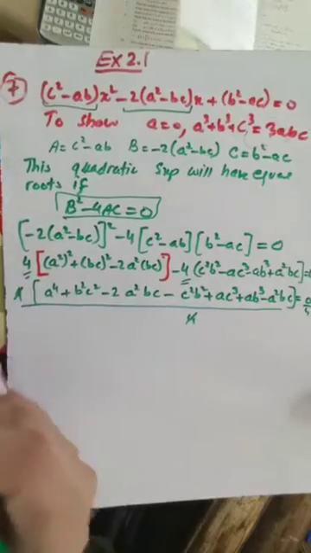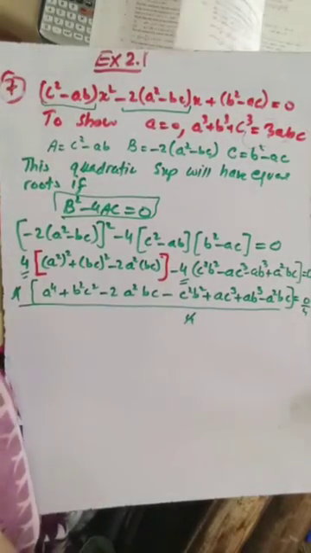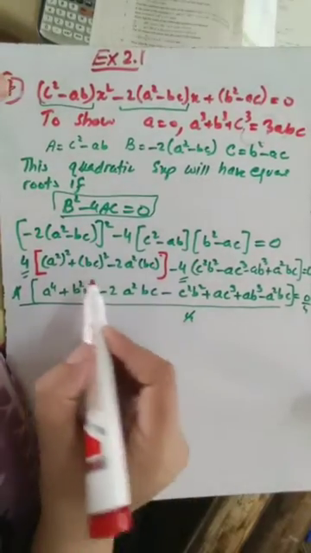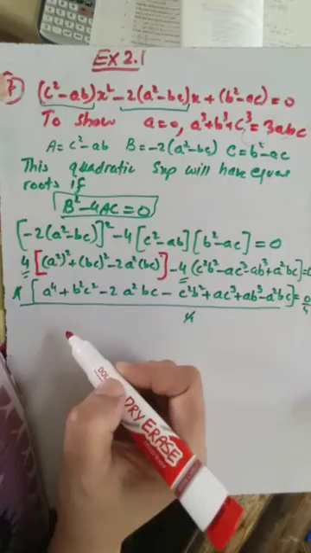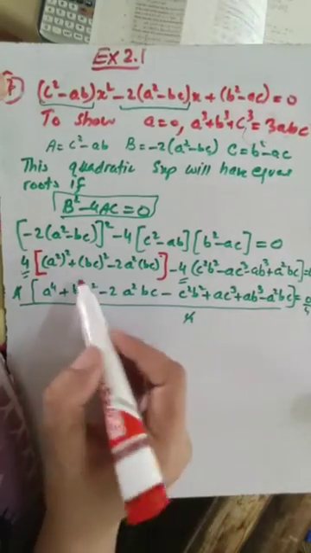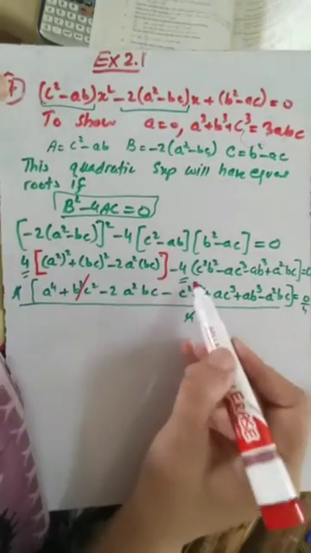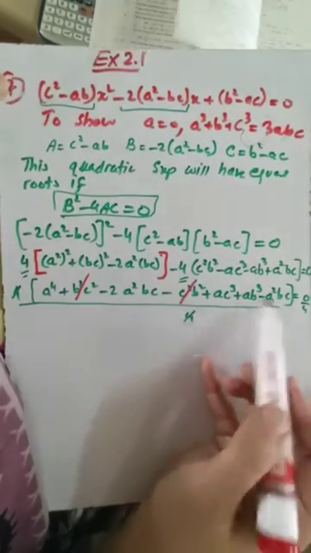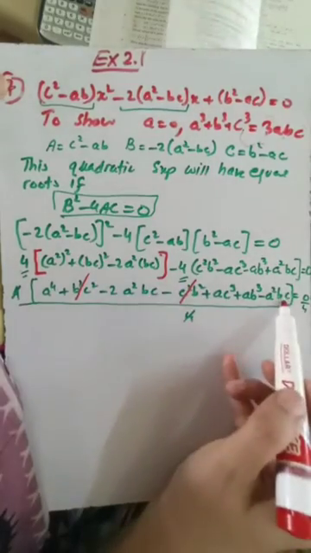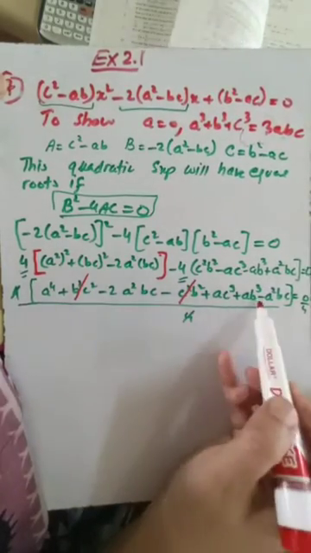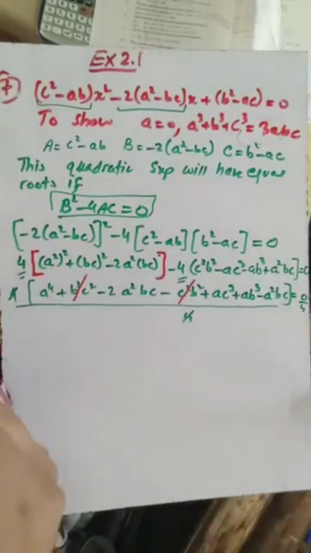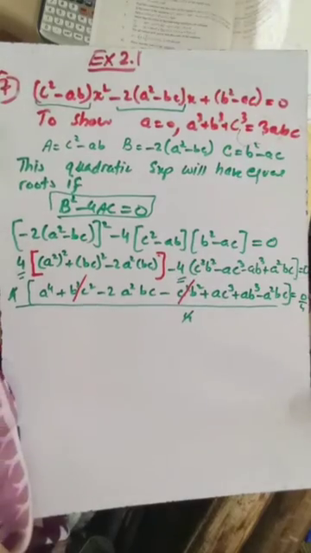So I am going to get, and also as you may see there are some things which are getting cancelled. b square c square is cancelled with this one, and a square bc minus 2a square bc will be minus 3a square bc.